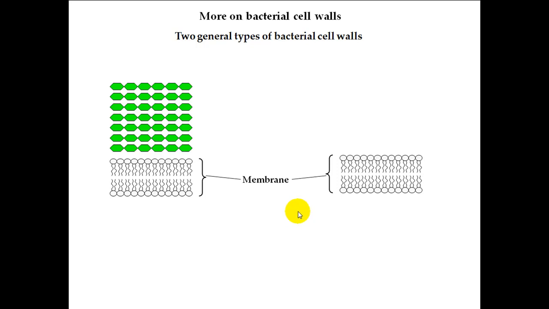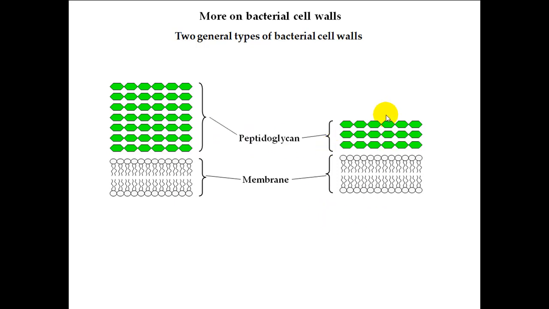In some bacteria that peptidoglycan layer is relatively thick, whereas in other bacteria it is relatively thin. Not only that, but the bacteria with the thin peptidoglycan layer have an extra membrane surrounding it.